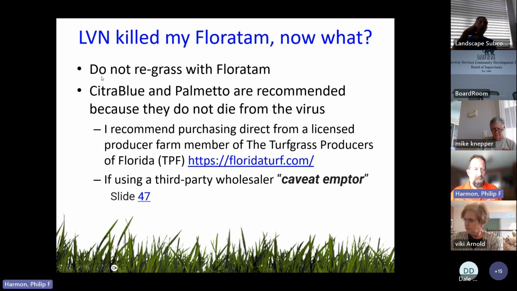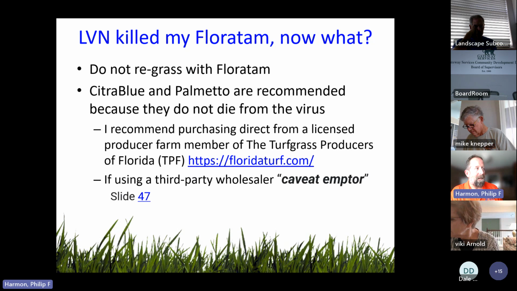What do we do about it then? If we have the virus, we have LVN killing our lawns. The most important thing is do not regrass with Floratam. Floratam is an excellent grass anywhere we don't have LVN. Where we have Sugarcane Mosaic Virus, don't use Floratam because it will die that second and third time.